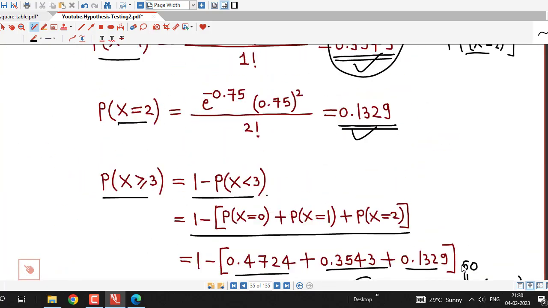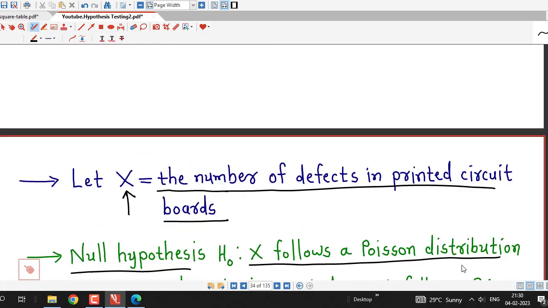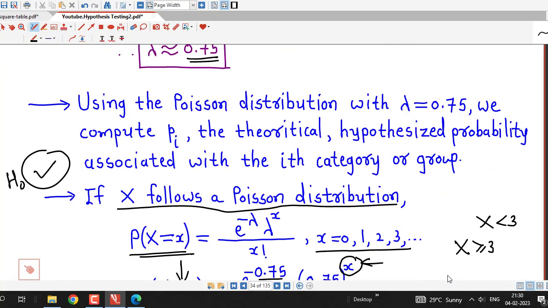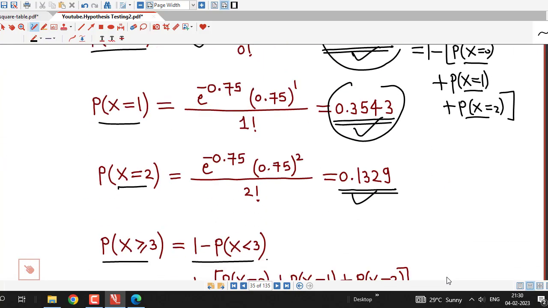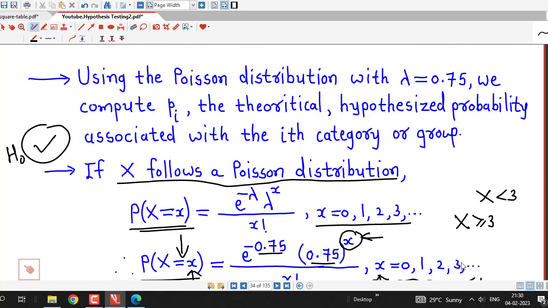It is very easy, but you have to take care of certain things. The first thing is you have to decide the expected frequencies. For that you have to decide the probability mass function of the hypothesized probability distribution.